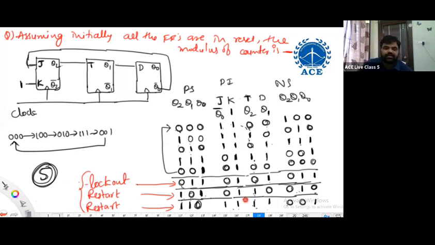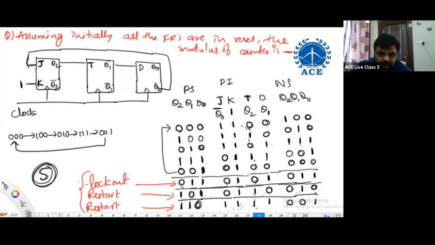So for each and every unused state, if you specify one of the used states as the next state while designing the counter, instead of neglecting those states or considering them as don't care, then it can come back to a used state even though the counter is seen in an unused state.